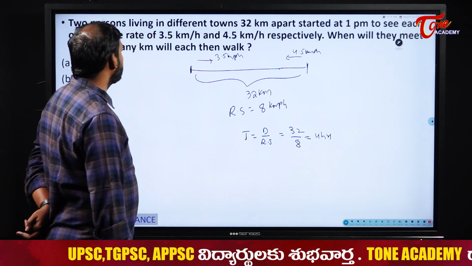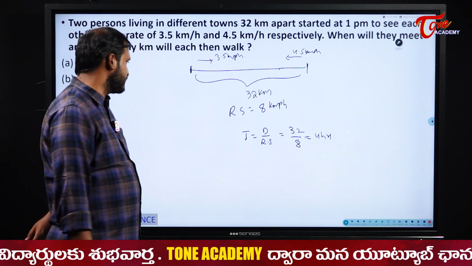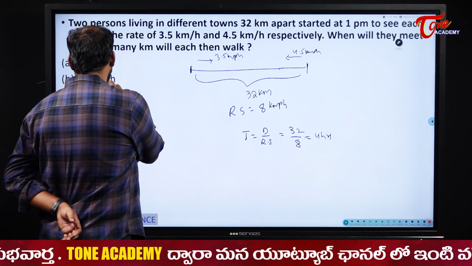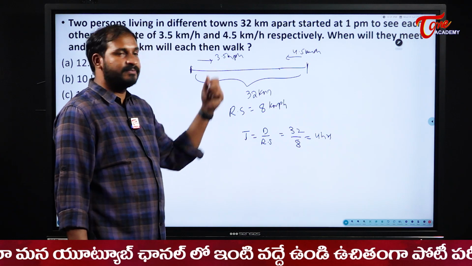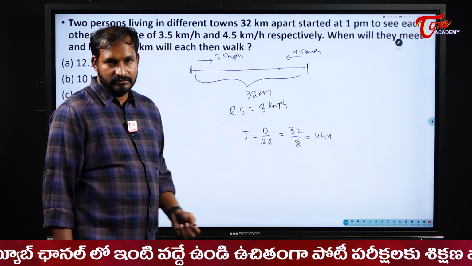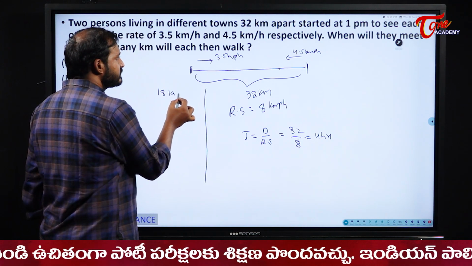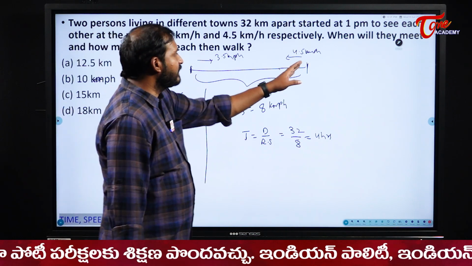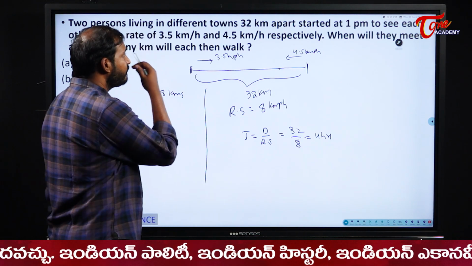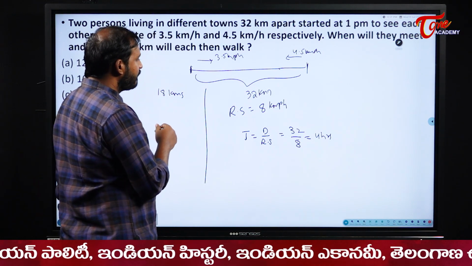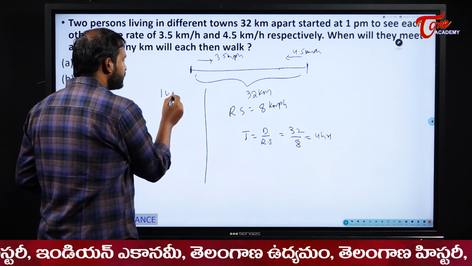When they meet, how many kilometers will each then walk? Now, what is the distance covered by my first person? 3.5 into 4, which becomes 14, not 18. He will cover 14 kilometers.